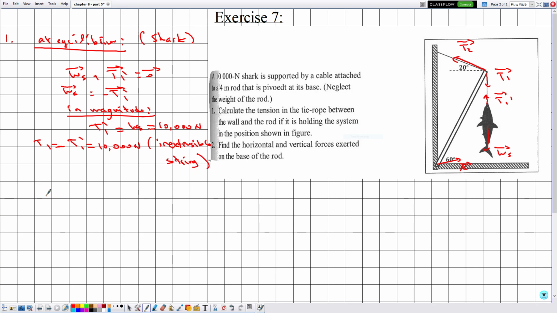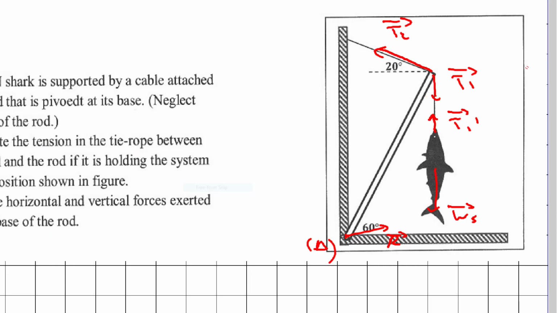Now let's determine the moment of these two forces. Let's start with the moment of the tension T1 around the axis delta, pivoted here around the hinge. So it's given by T1 tangential multiplied by the distance d, in which the distance d is the distance from the axis of rotation to the point of application of T1.